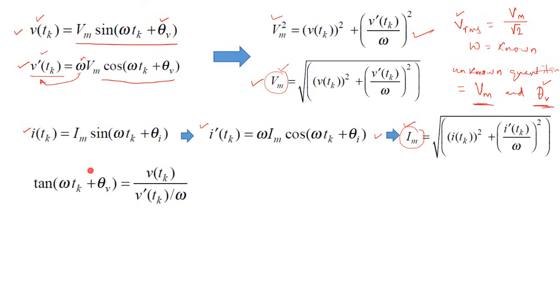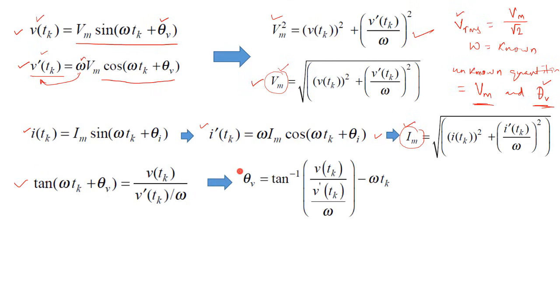Now our objective is to find the phase angle. Just by dividing these two equations, I will find tan of (omega tk plus theta v) will be equal to v tk by (v dash tk by omega). From this equation I will find theta v by taking tan inverse of v tk by (v dash tk by omega), minus omega tk. This gives me the information of theta v.